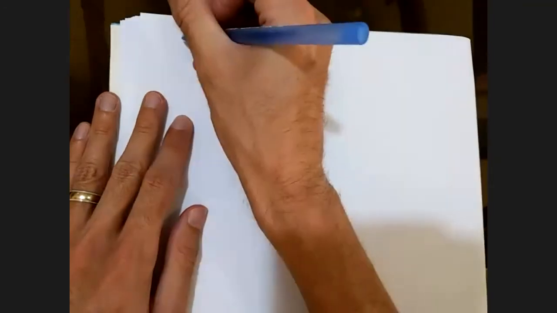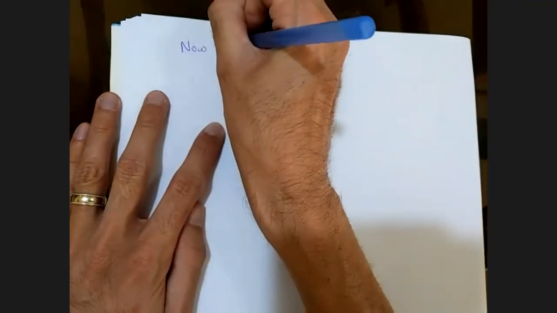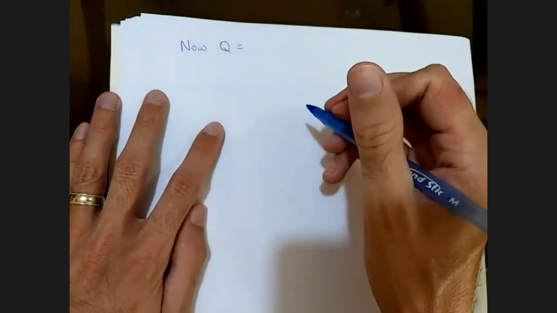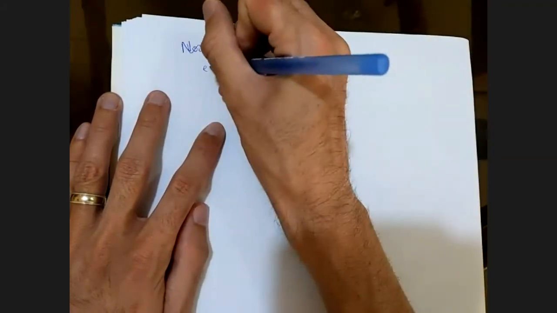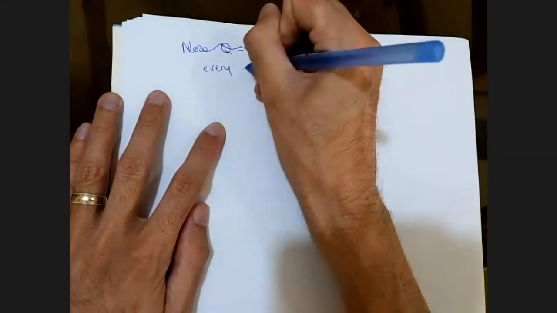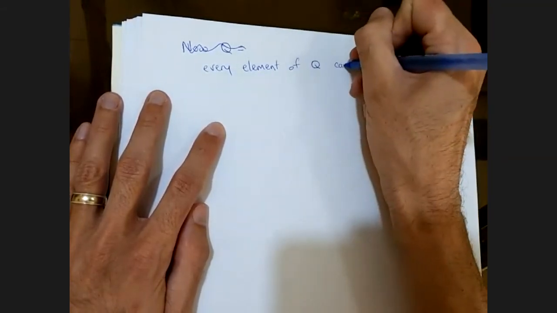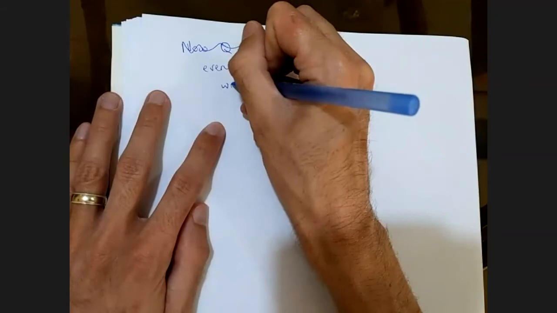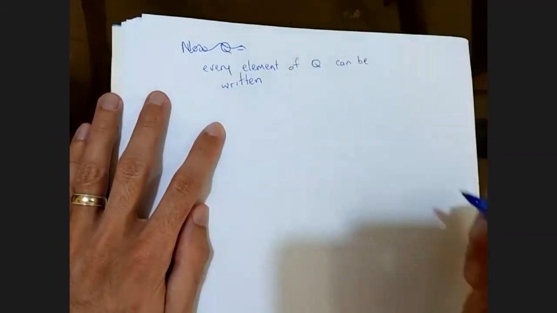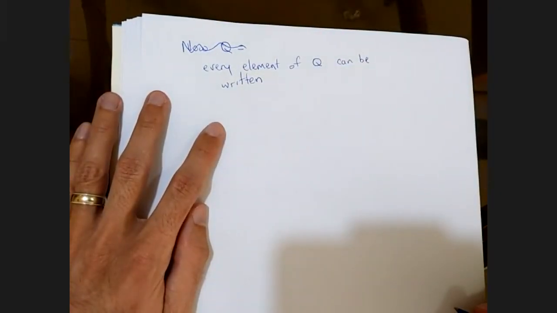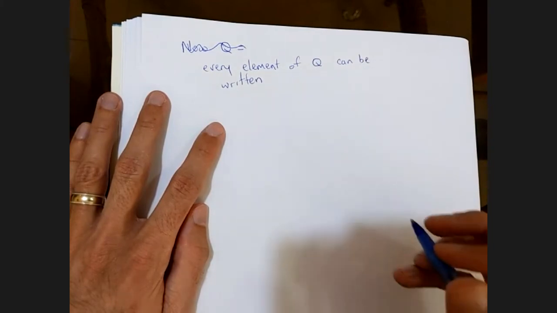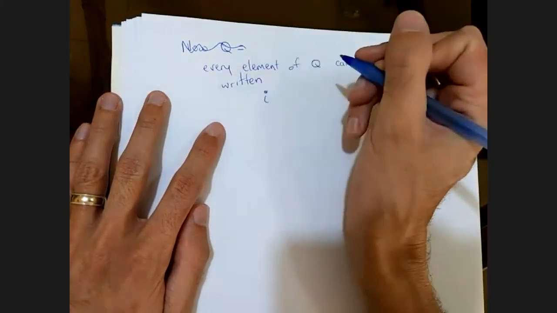And now you can write out all the elements of the group. So basically every element of Q can be written I to some power.